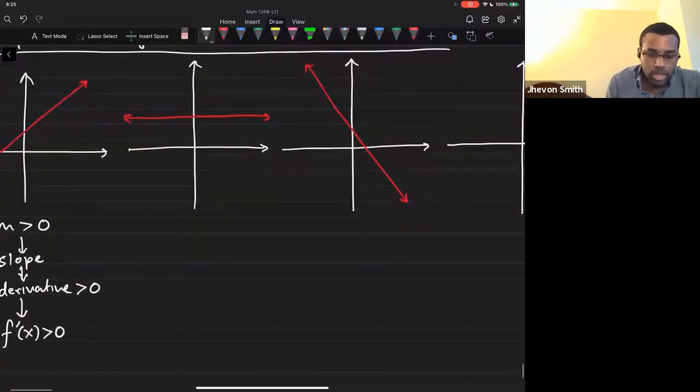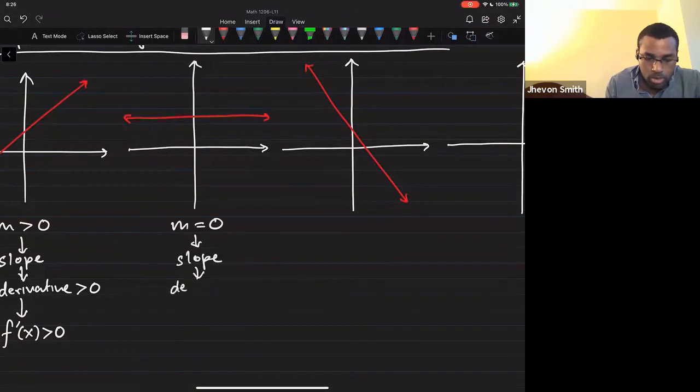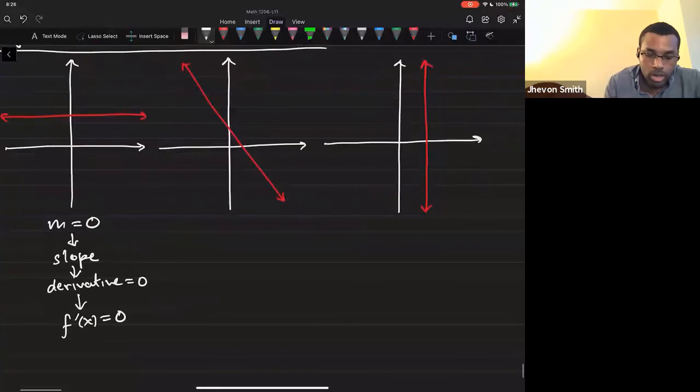Similarly to here, you can say m equals 0, but that's just talking about slope, which we know is talking about derivative, which is just saying f prime equals 0. Over here, our m is negative.